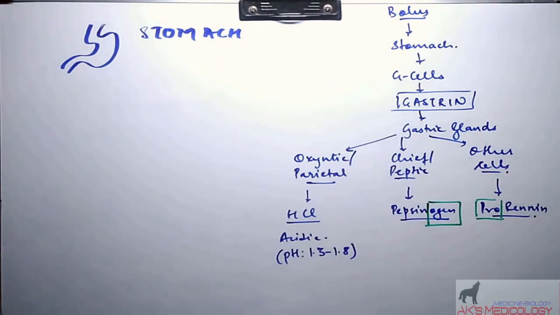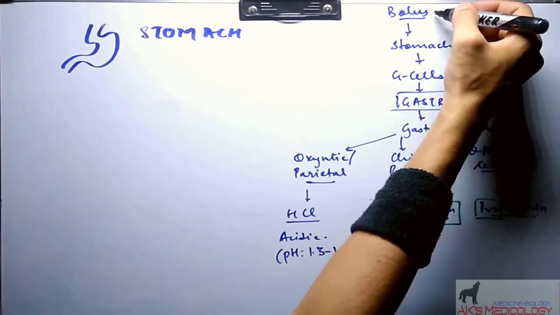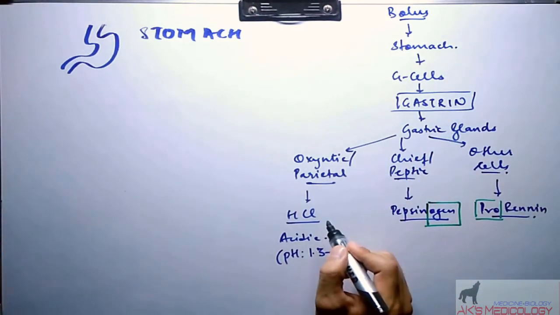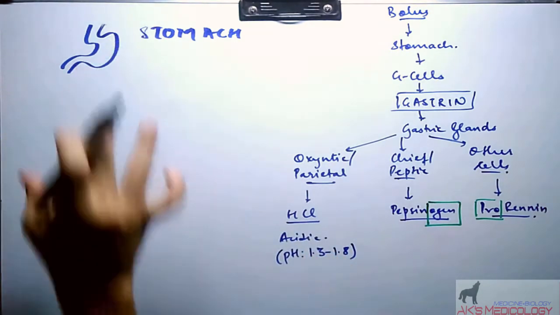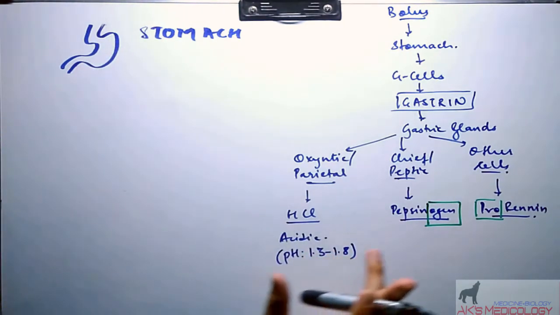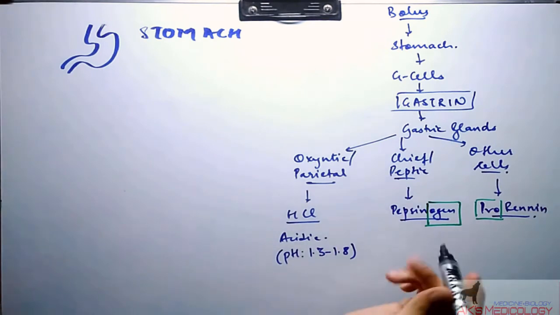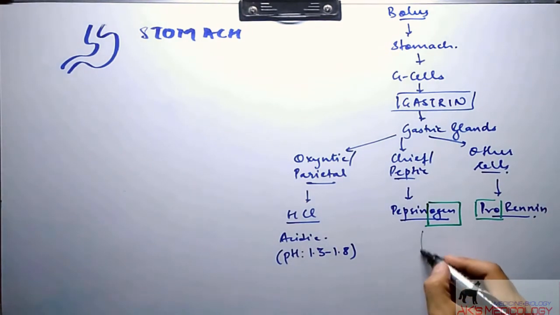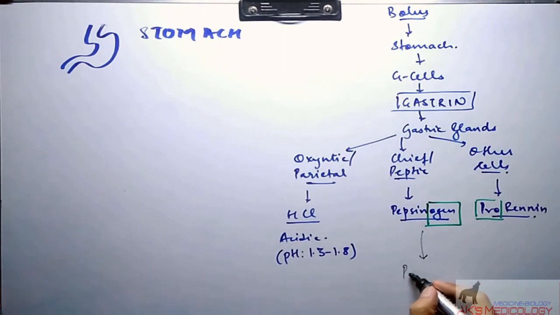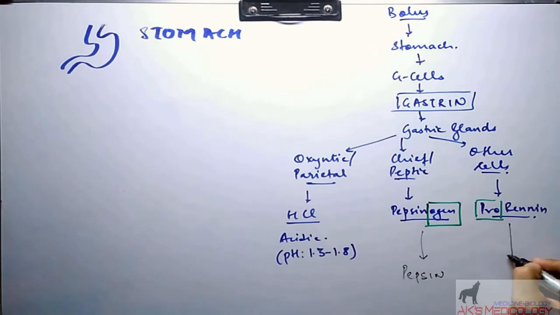So, whenever bolus of food enters, HCl is released in large amount. That means whenever we ingest something, the medium inside our stomach becomes highly acidic, and with the release of pepsinogen and prorenin. Now this pepsinogen is inactive and needs to be converted into its active form, which is pepsin, and prorenin needs to be converted into its active form, which is renin.